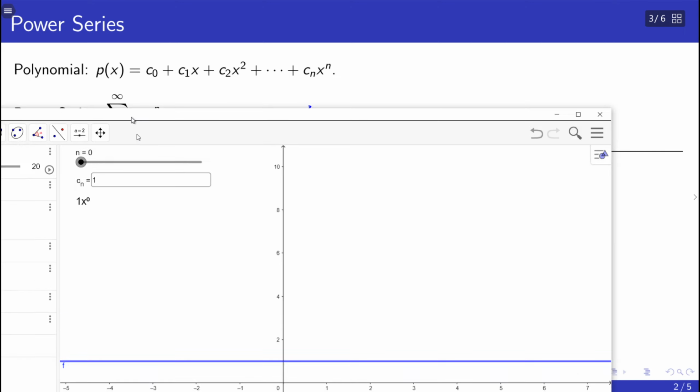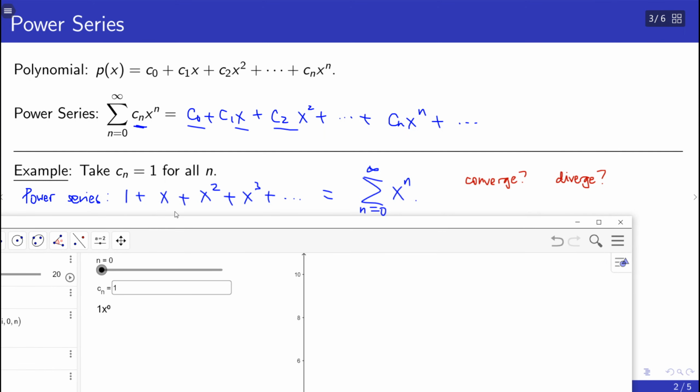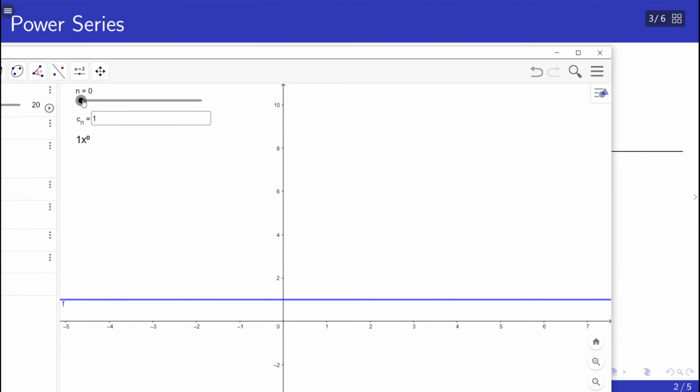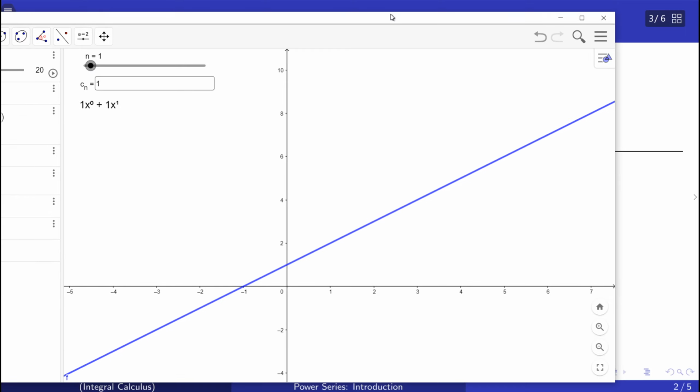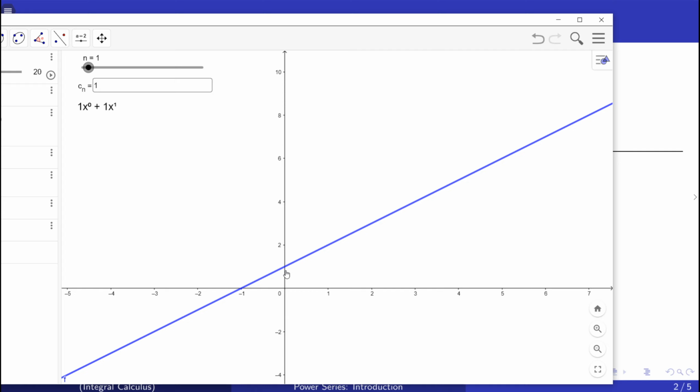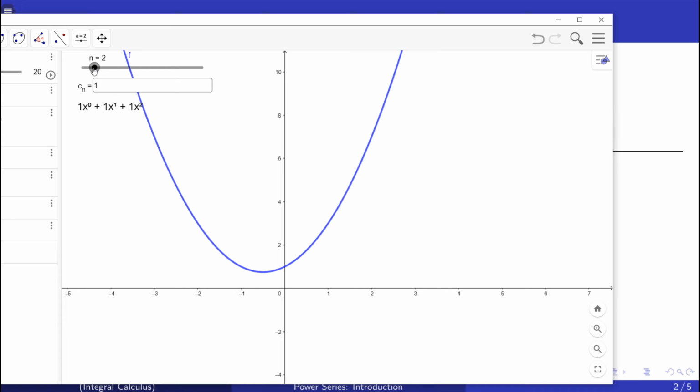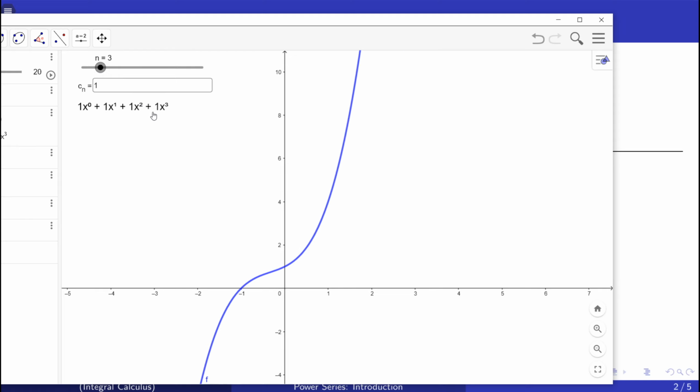What's the partial sum for n equals 1? So it's 1 plus x. Okay, 1 plus x, that's your linear function here with slope 1 and y-intercept 1. N equals 2, so it's 1 plus x plus x squared. Okay, that's a quadratic. And n equals 3 is a cubic. That's the function graph.